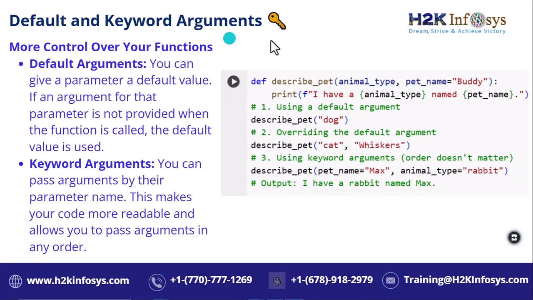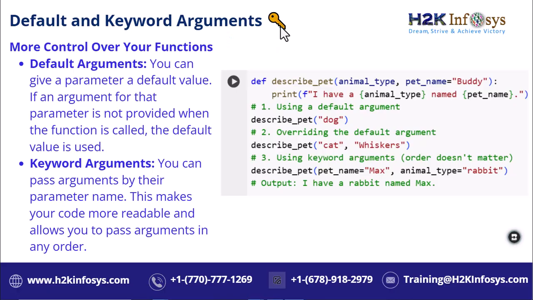Now here, default and keyword arguments. Instead of giving two different parameters, if you want to freeze one, you can freeze that. A default argument is something where you give a parameter a default value that should not be changed. For example, we had values A and B, and both were able to change whenever we were calling the function.